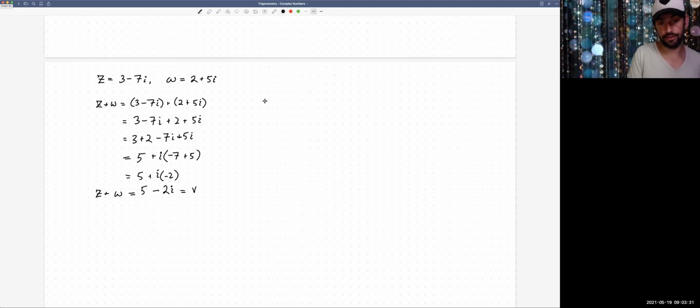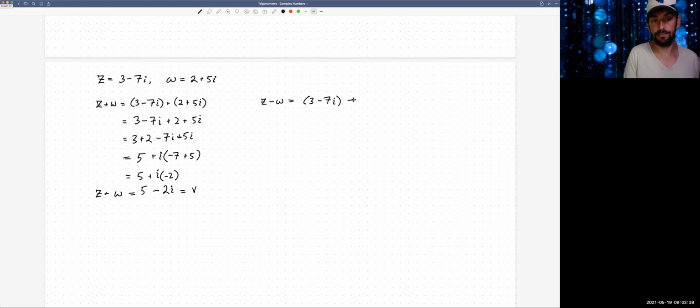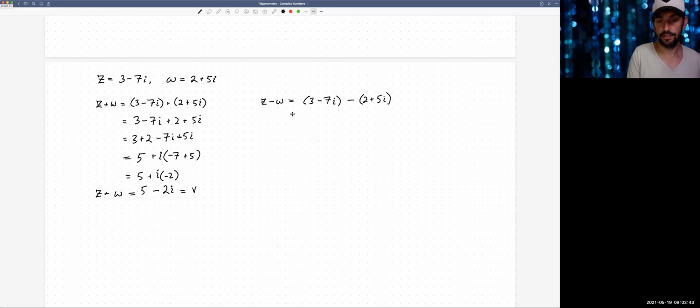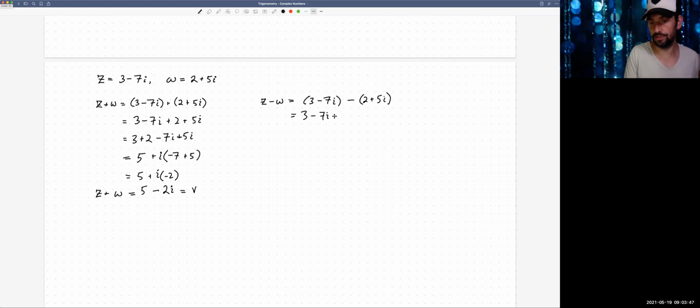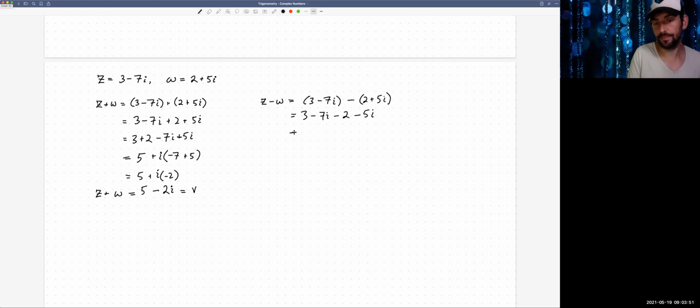So now if we do z minus w, it's going to behave very much in the way you expect. 3 minus 7i minus (2 plus 5i). Again, I can drop these parentheses, distribute the negative. I get minus 2 minus 5i.